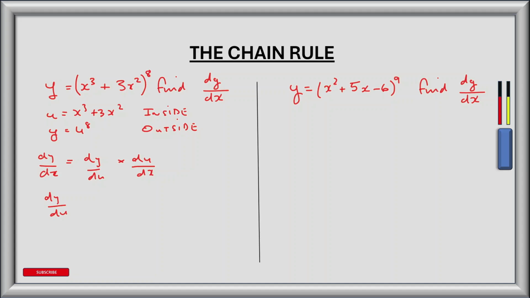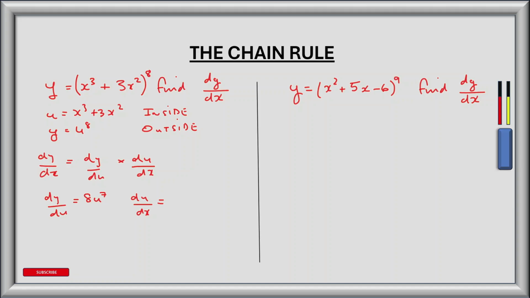So to differentiate that, we multiply 8 by u, and the power we decrement by 1. So it's 8u to the power of 7. And the next thing we need to find is du by dx. So we need to differentiate the function x cubed plus 3x squared.